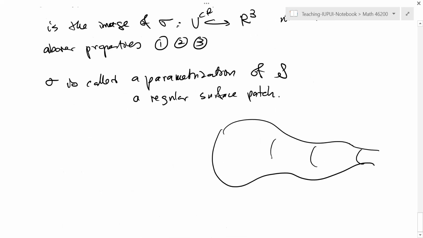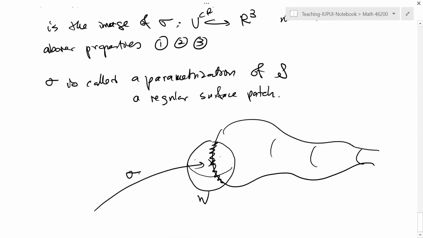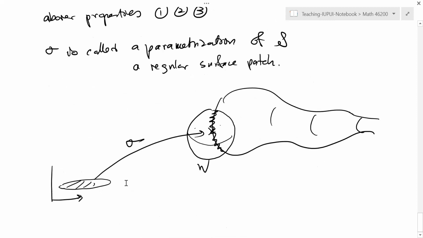For example, this surface. At every point, I can look at the domain W, and the intersection is this part, and this should be the image of sigma of some open domain.